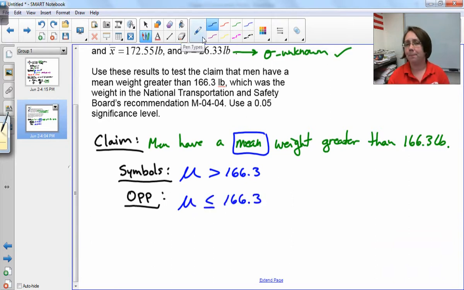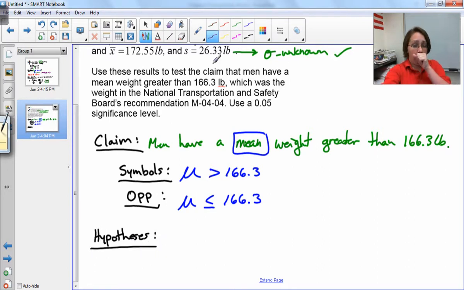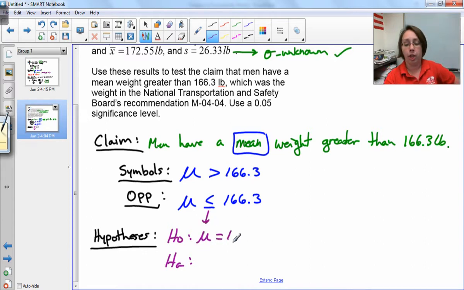What's your next step? Write your hypotheses. Your null hypothesis and your alternative. How do you determine these? Null hypothesis always is the one involving the equal sign, and you just put the equal sign. The alternative is the other set of symbols. So in this case, that would be mu greater than 166.3.